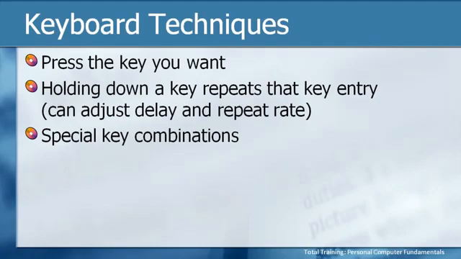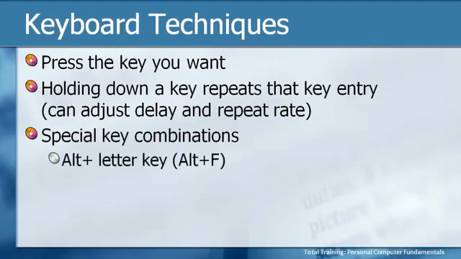And other things, for example, Control-Alt-Delete, which is a very common combination to do things like restarting your computer, you need to hold down all 3 of those keys at the same time. Anytime you see a plus sign between keys, that's how you know that you should be holding them down instead of pressing them individually.